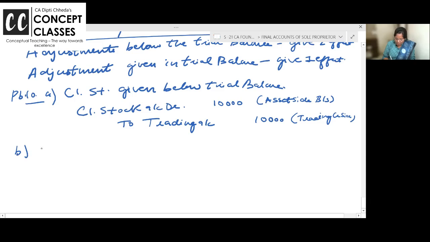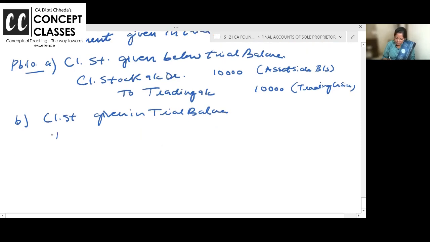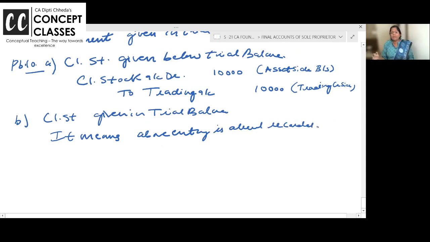Option A. Now B. If closing stock is given in the trial balance, it means, write down all of you, the above entry is already recorded. Whether you credit the trading account or credit purchases, it's already recorded.